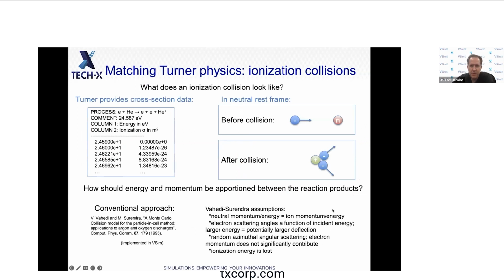So in our discharge, we have ionization collisions. And what do those look like? Turner tells us what the cross-section should be. For a given energy, we have a given cross-section sigma that's associated with that interaction process. But what do we do with the reaction products?